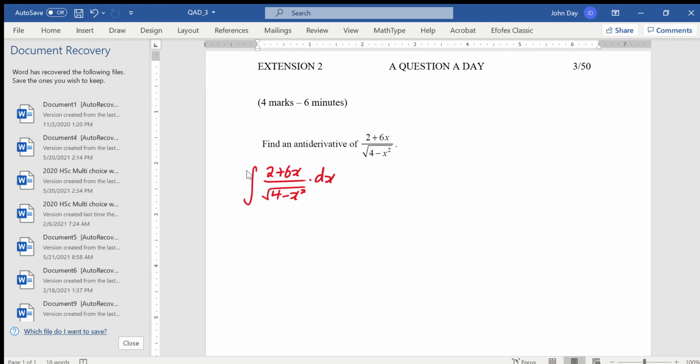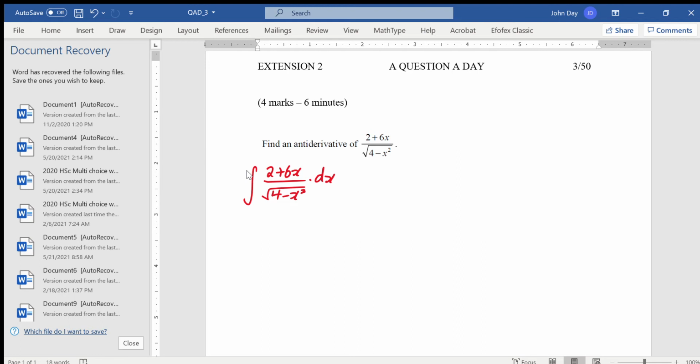So the bottom looks like an inverse sine, or if it was negative, an inverse cos. So if I separate it out, then I'll end up with the 6x on the top. That looks like it'll work out nicely because, yep, that's from the advanced course or extension if you use a substitution.